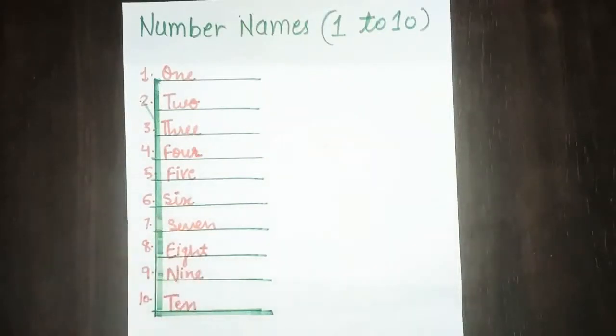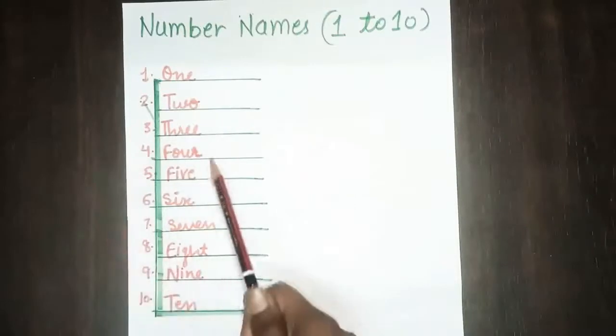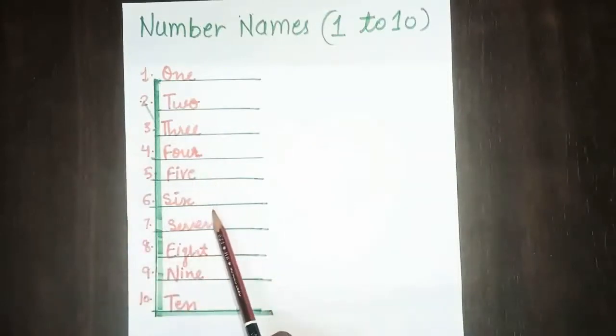S-E-V-E-N, 7. E-I-G-H-T, 8. N-I-N-E, 9. T-E-N, 10. 1, 2, 3, 4, 5, 6, 7, 8, 9, 10.